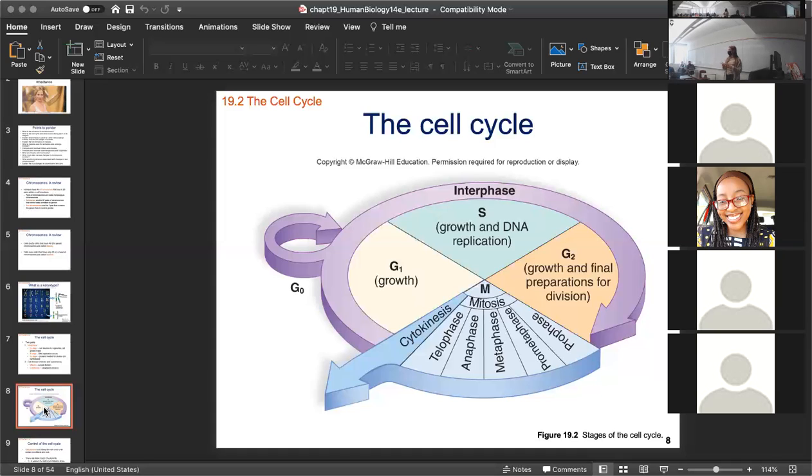All of those things are going through mitosis. Okay, it has replication because we want to make sure that we have enough DNA, and it has one division. And what we end up with is two identical daughter cells.